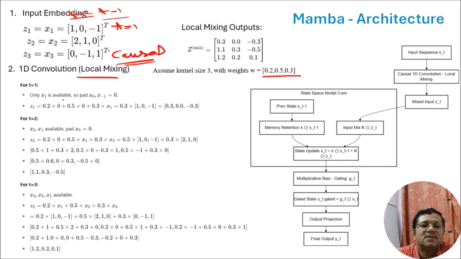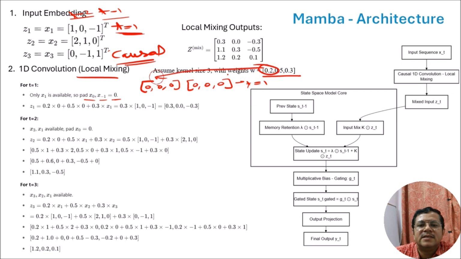Free states means all state values will be 0. So for x0 and x minus 1, all state values will be 0. So we have two 0 0 0 states, and after that the state at t equal to 1. We multiply this with this, this with this, element-wise, and this with this. Here you can see that only this part is non-zero. So this is our output.